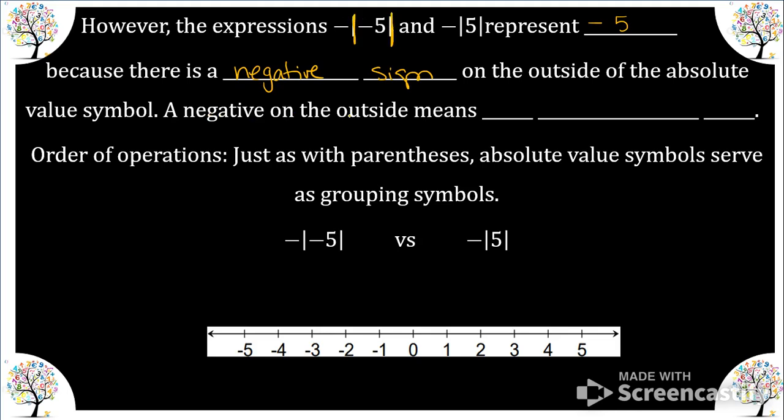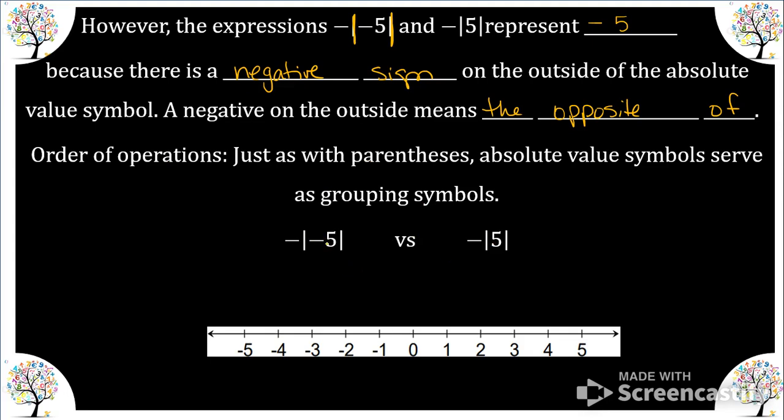A negative on the outside means the opposite of. That's what negatives mean, the opposite of. So, order of operations. Just as with parentheses, the absolute value symbols serve as grouping symbols. So let's take a look to prove why our answers to these are -5.